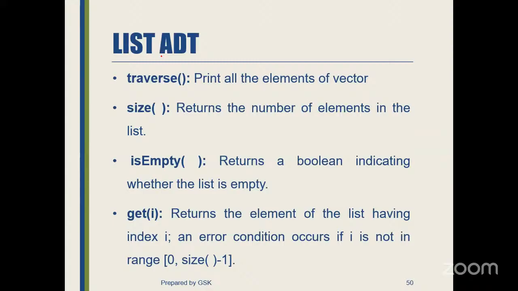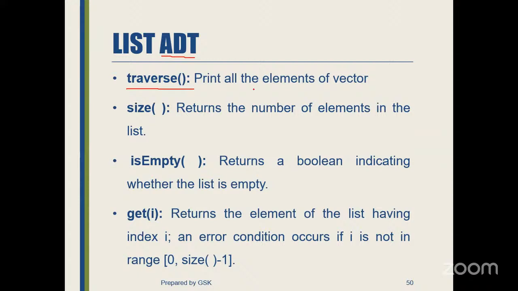List ADT, as we covered already, ADT means abstract data type. It represents what different operations can be performed on a particular data structure. So what operations can be performed on a list? Traverse.